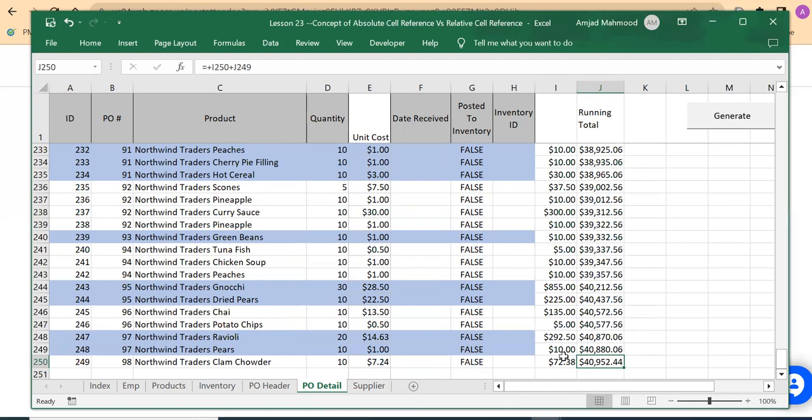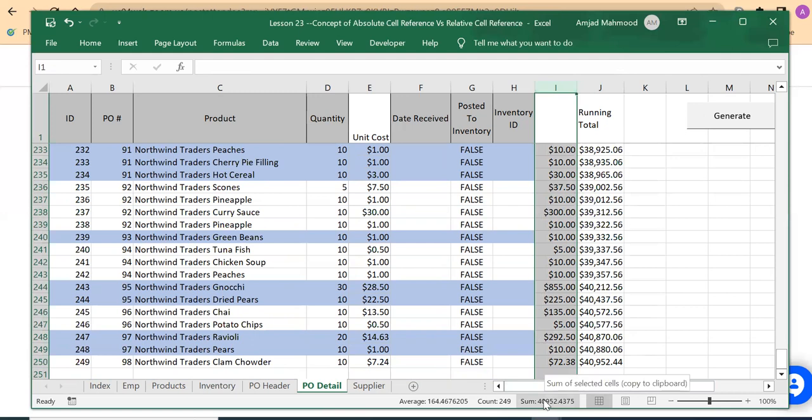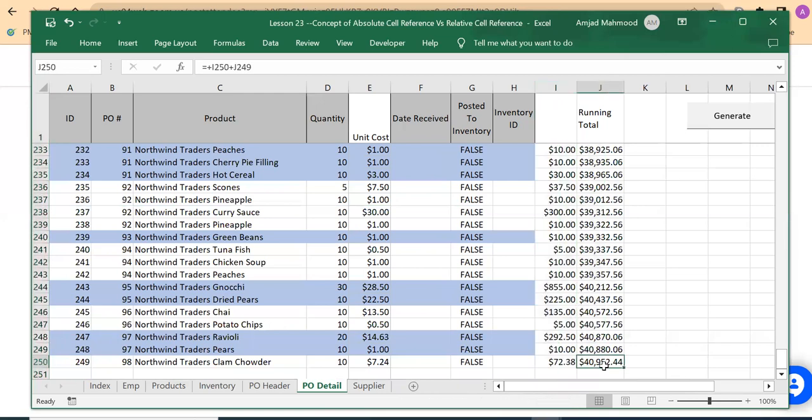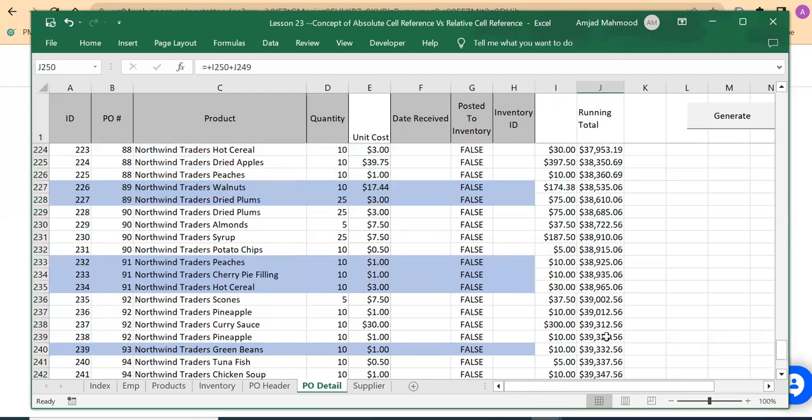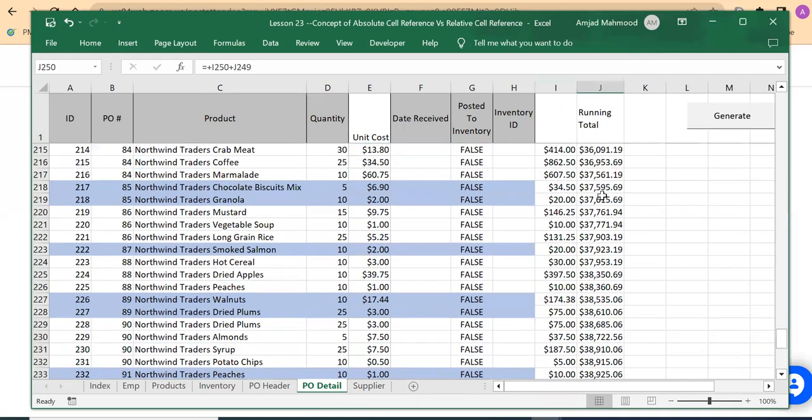To cross check, we can click here. This total is also the same, 40,952, and this is the running total. On every row, it is telling you that until here, that much has happened.